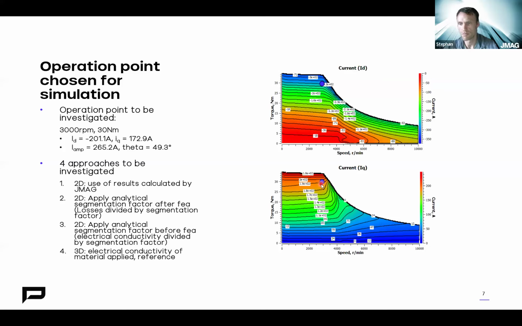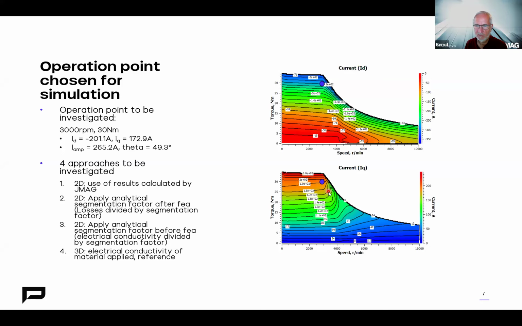Here it was maybe 0.8. But that was of small importance for me, so that we do not have a modulation factor of 1, but just a reasonable modulation factor for the operating point.